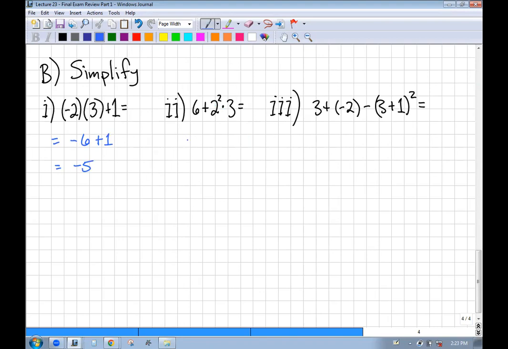Over here we have 6 plus 2 squared is 4. 4 times 3 is 12. 6 and 12 is 18. Over here, let's see. 3 minus 2 would be 1. 3 plus 1 is 4. 4 squared is 16. And 1 minus 16 would be -15. Okay?